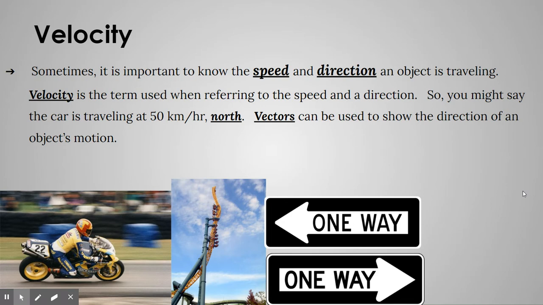So here it says, you might say the car is traveling at 50 kilometers per hour north. So 50 kilometers per hour is the speed, north is the direction. So together that's the velocity. Okay. Instead of saying north, south, east, west, up, down, left, right, arrows or vectors can also be used to show an object's motion.